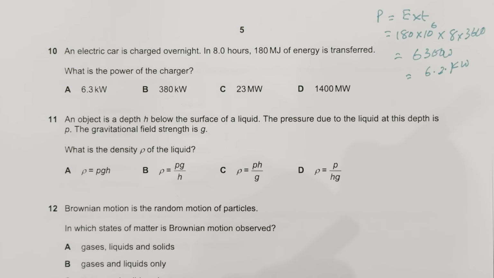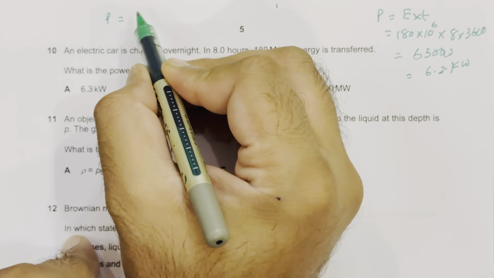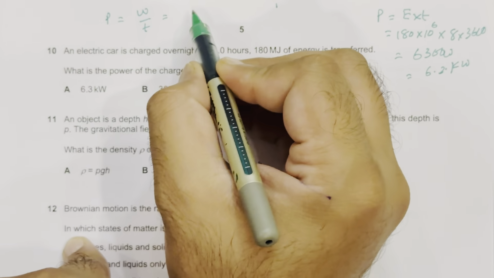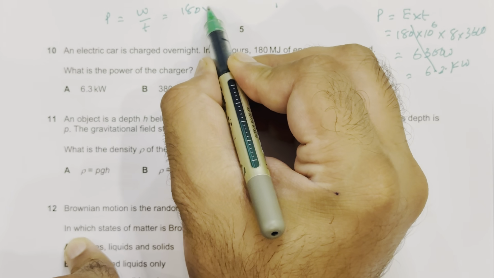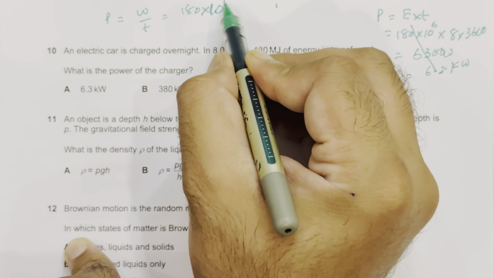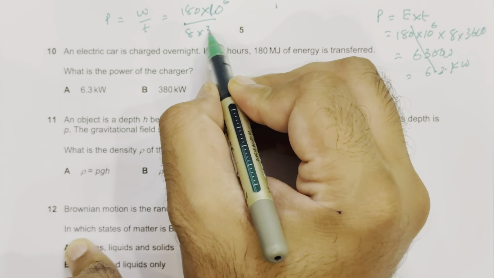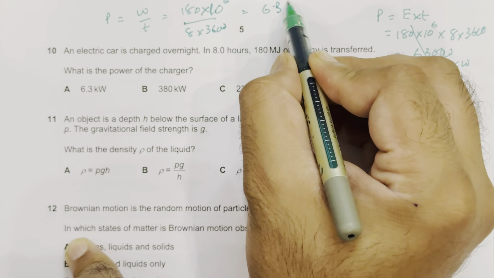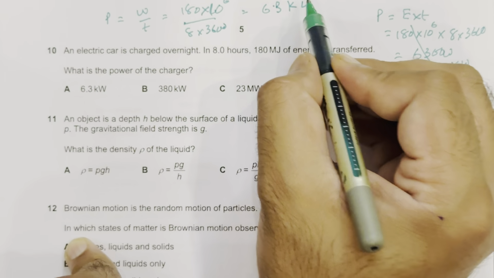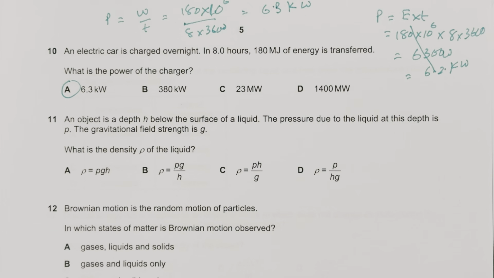Okay, there was some mistake, the formula should be like that: P is equal to W by T. You need to divide it, not multiply. So 180 into 10 raised to power 6 divided by 8 into 3600. So you're gonna get 6.3 kilowatt or 6300 watt. So option number A is the correct option.